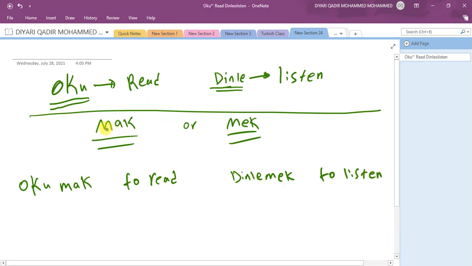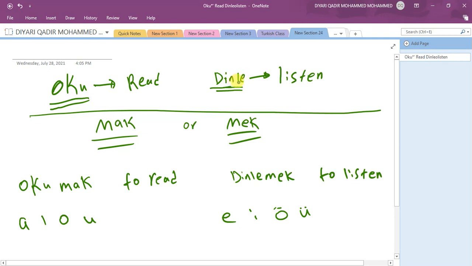Okay, now in order to differentiate between them, it's very easy. When the men's letters come, you have to add this suffix mak. When the women's letters come, mek will be added as a suffix to the word. For example, a, o, u, e, I, ü. As you see in this dinle, it ended with e, right?